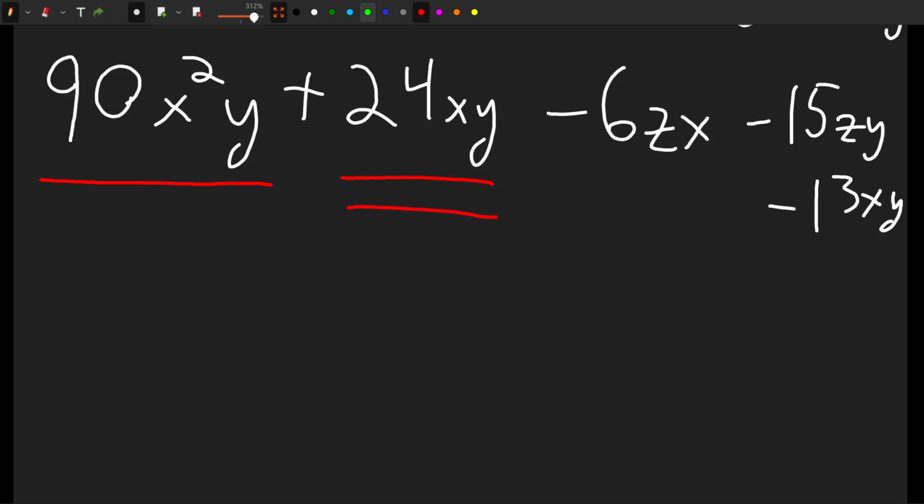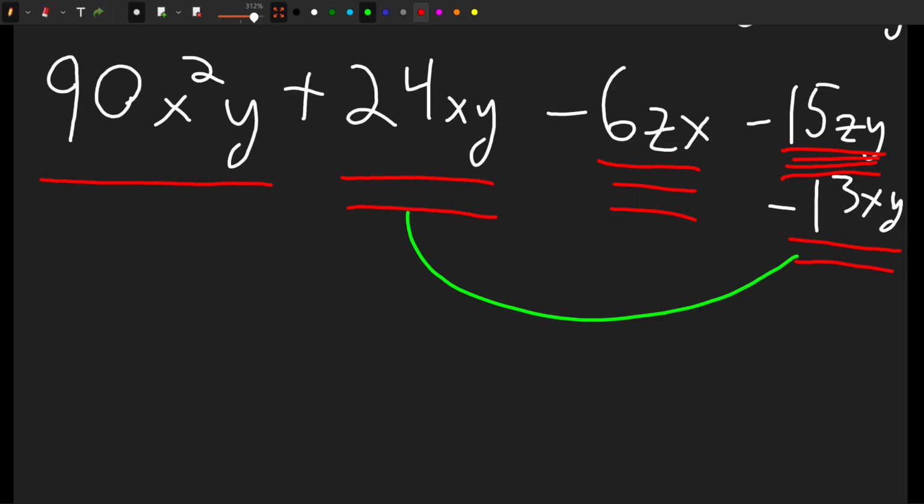I'm going to draw two lines. And I say, do I see any xy terms here? I do, I have the minus 13xy. Then 6zx, I don't have any other like terms, and the 15zy stands alone. That would get 4 terms, or 4 lines, just for consistency. So in this case, the only ones that I can combine are these two.